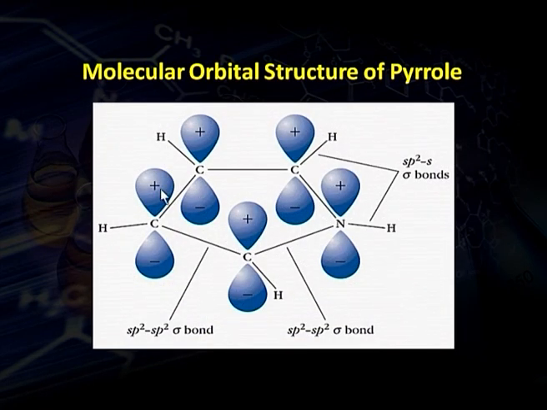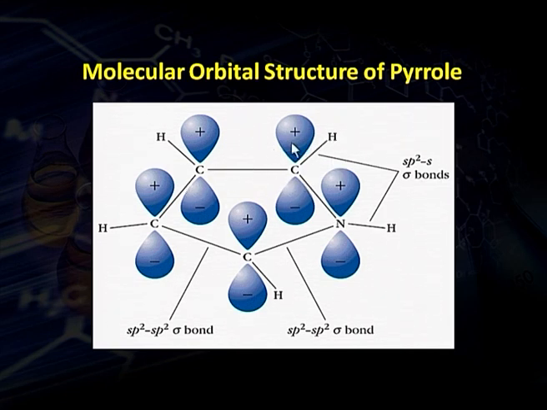Now, out of the 3 sp2 hybrid orbitals of the carbon atom, 2 are involved in the ring formation by forming sigma bonds with the neighboring atoms, by overlapping the sp2 hybrid orbital of the carbon atom with the sp2 hybrid orbital of the nitrogen atom. And the third one is involved in sigma bond formation with the s orbital of the hydrogen atom.